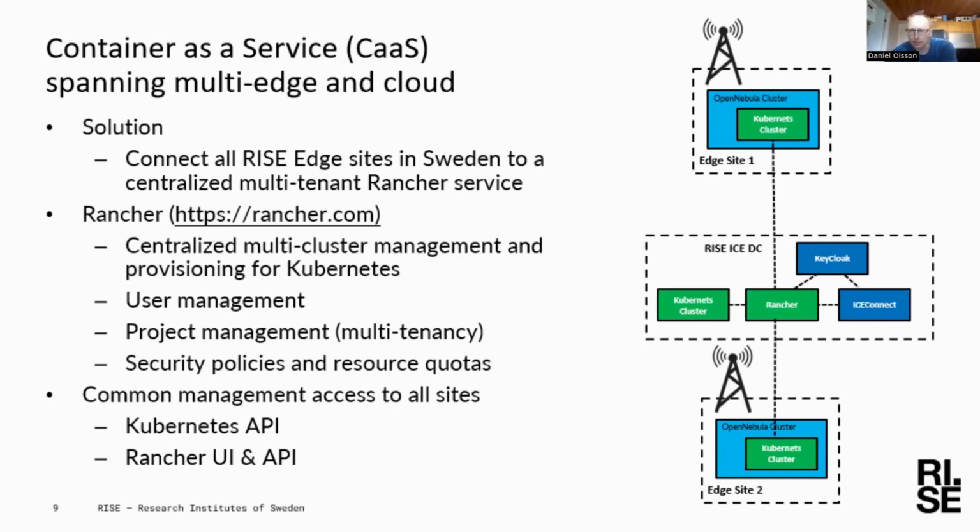And to the right, you can see here that we are using OpenNebula virtualization to be able to partition the resources at the edge sites. So we have partitioned out a part of all resources to be used by the container as a service, and the rest is available as infrastructure as a service, as VMs, for instance.